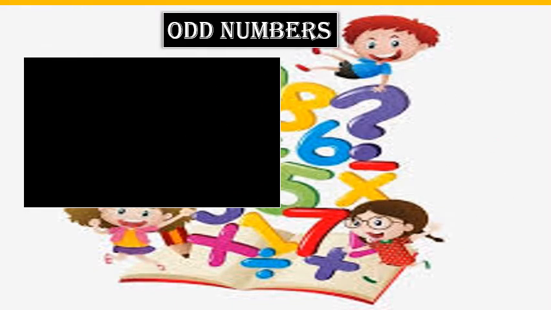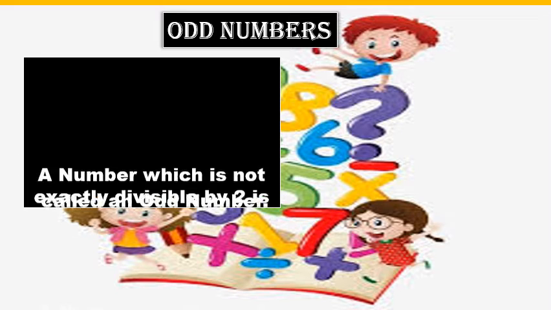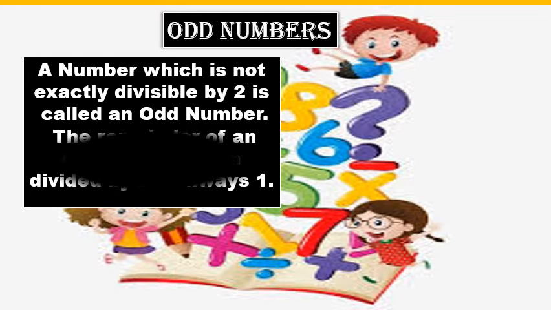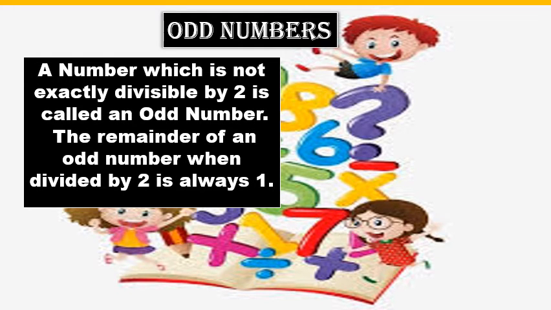Odd numbers. Unlike even numbers, odd numbers cannot be paired. So they are not exactly divisible by 2. Now if we divide an odd number by 2, then what will be the remainder? In such case, the remainder will always be 1.